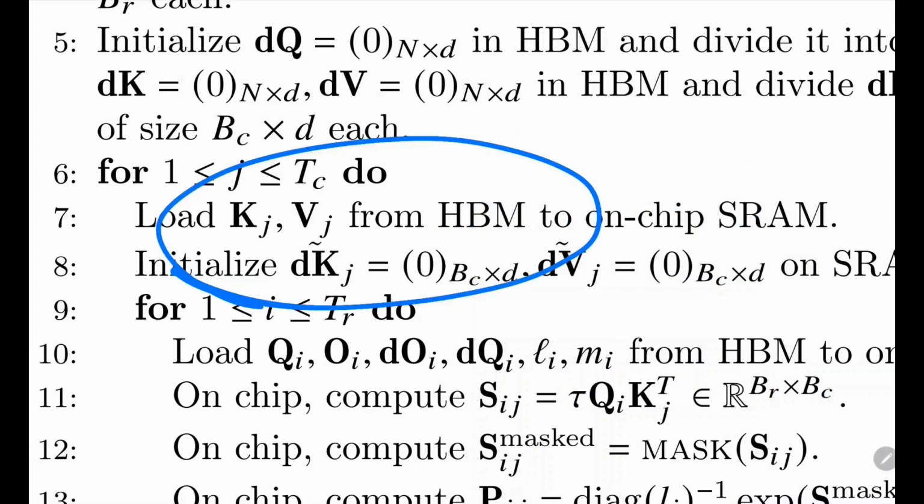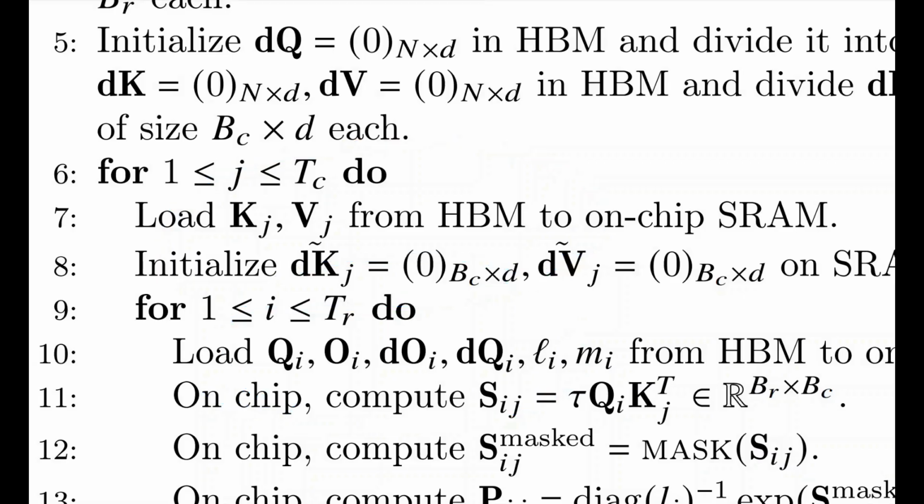The outer loop J iterates over K and V blocks, column wise chunks, which is why this is the column block, and the inner loop I iterates over Q, O, dO blocks. Thus with each I, J we compute attention over Qi and KjVj.